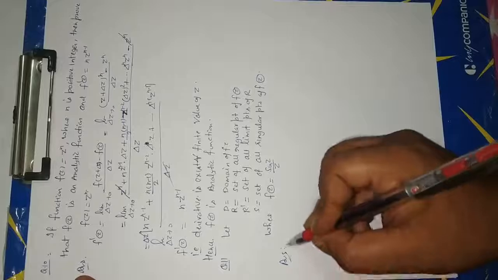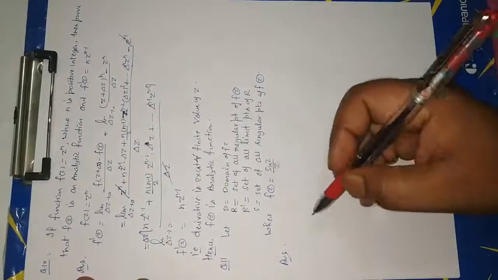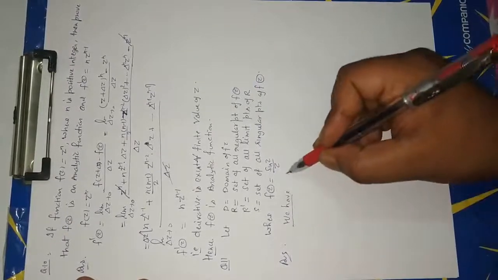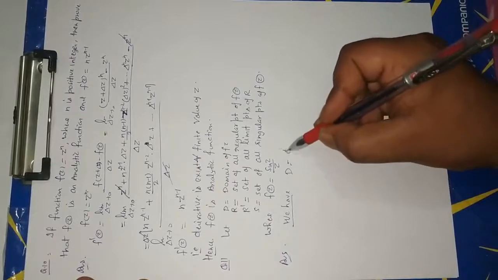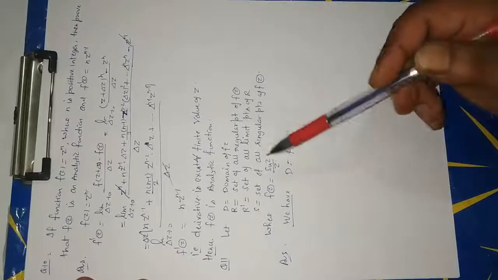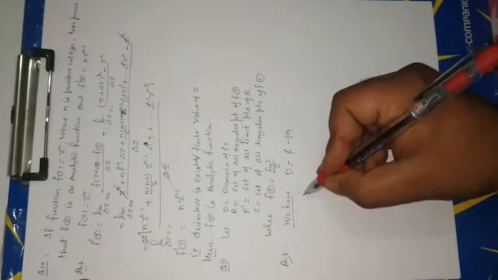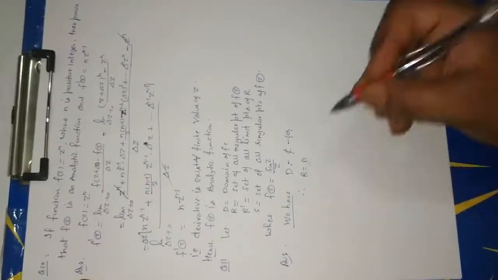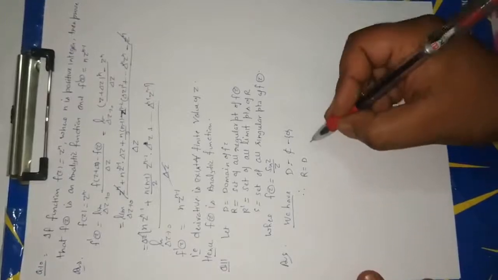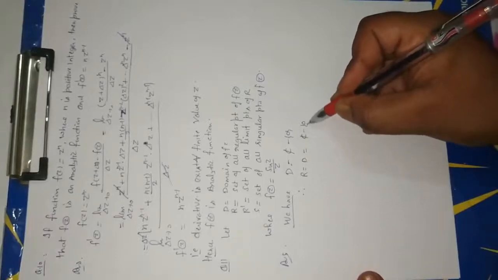Answer. Since D is the domain of f z, we have domain D equal to C minus 0, since f z is not defined at z equal to 0. That is, R is equal to D, that is, the set of all regular points will be the domain. This is equal to C minus 0.